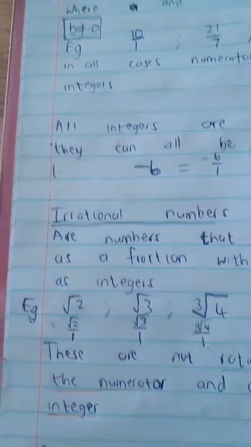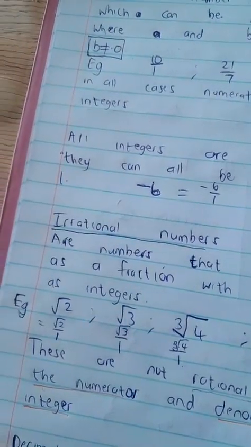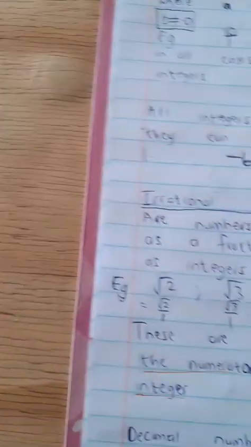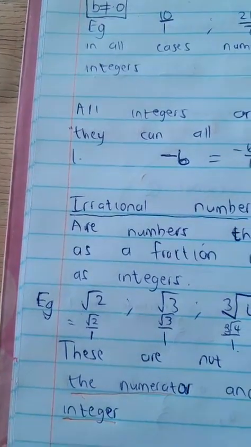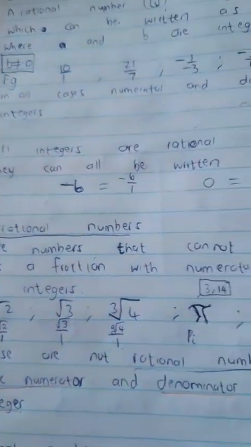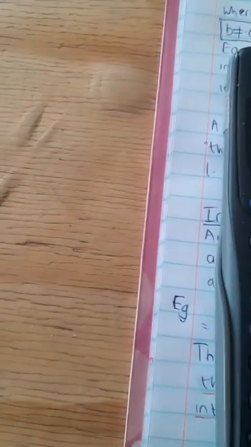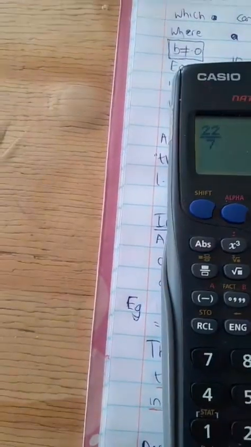Typically, if we're talking about 22/7, remember that 22/7 is actually rational. I just want to tell you something about the difference between 22/7 and the actual value of pi.